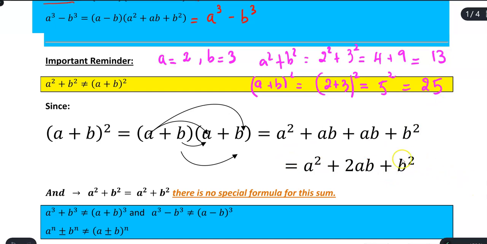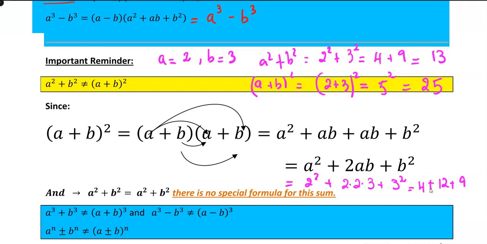If we substitute into this expression, I will put 2 squared plus 2 times 2 times 3 plus 3 squared, because a is equal to 2 and b is equal to 3. So I should have 4 plus 12 plus 9. Then what do I get? 4 plus 12 is 16, and 16 plus 9 is equal to 25.